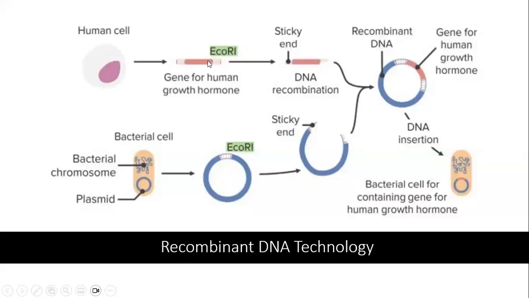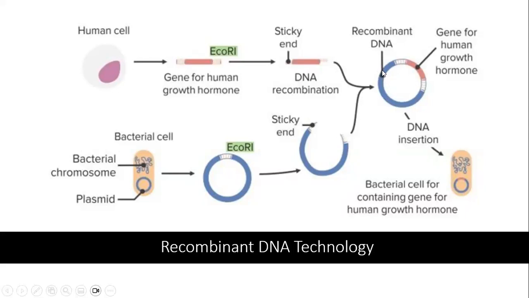Now that is energetically unfavorable. These bases need to be paired to be energetically favorable. So it's very easy for these two ends to come together, and then you'd form your recombinant DNA.